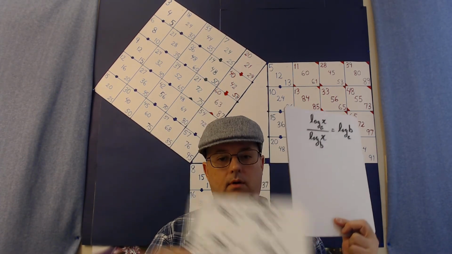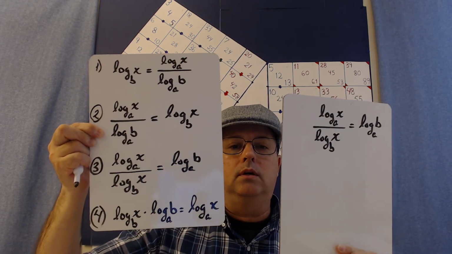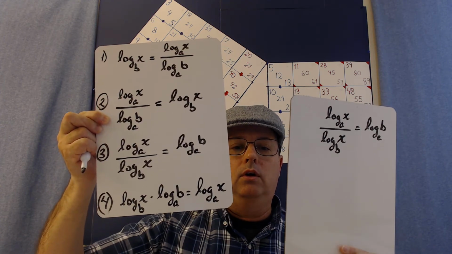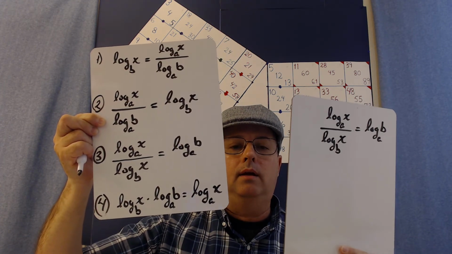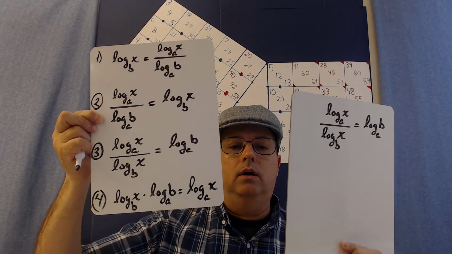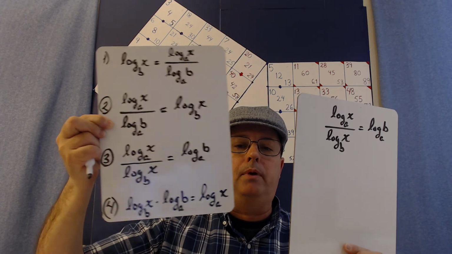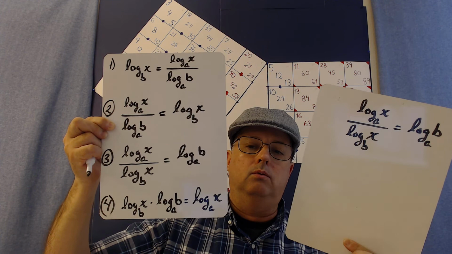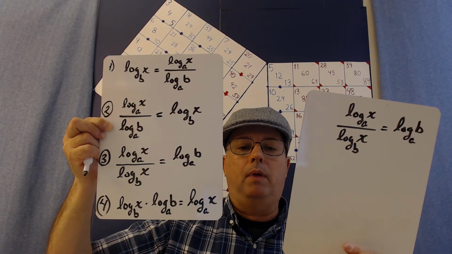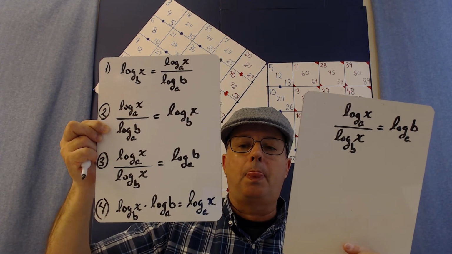So the first, number one property here is the change of base, and then there's a few ways of rewriting it, and so we're comparing the third property and the fourth property here. So you see what I did is I wrote the third one there. Log base a of x over log base b of x is the same as log base a of b.